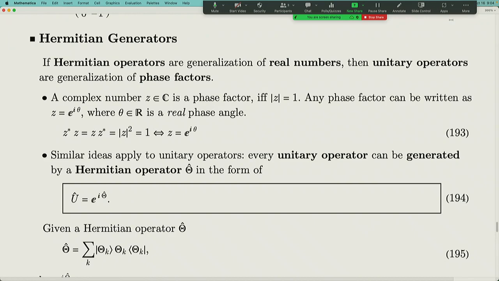Each such number can always be represented as e to the i theta, which indicates a rotation in the complex plane, and theta is the angle that you rotate. So if we now jump out of the number example and go back to matrices, actually every unitary matrix can be written as e to the i theta hat, and this theta hat is a Hermitian matrix.